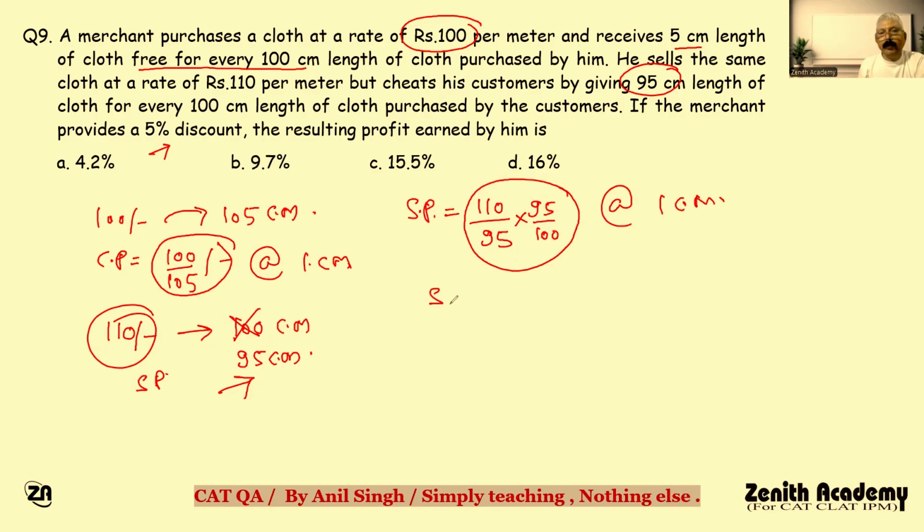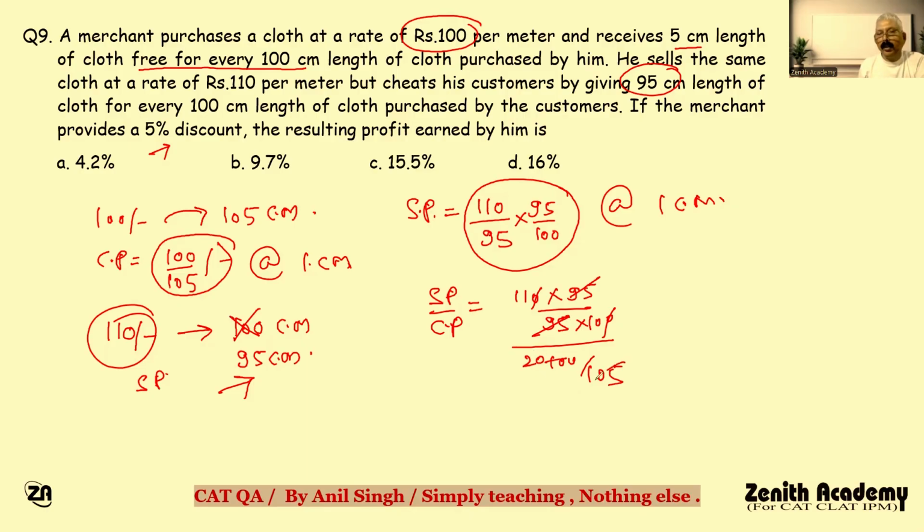So SP upon CP is 110 into 95 into 100 over 100 upon 105. This cancels, this cancels.